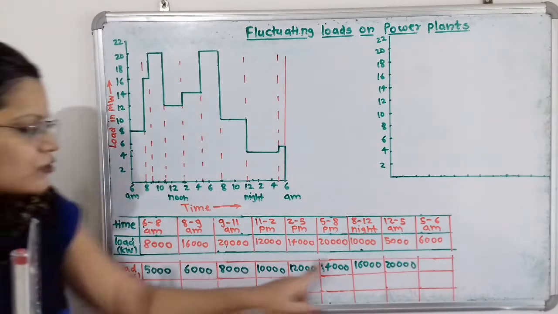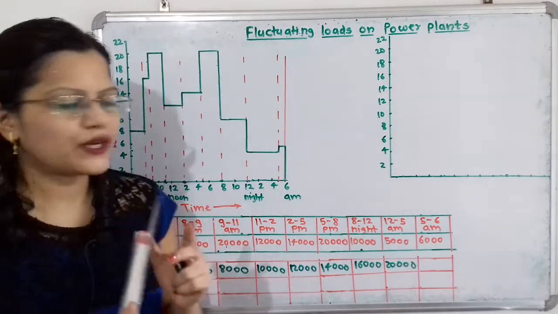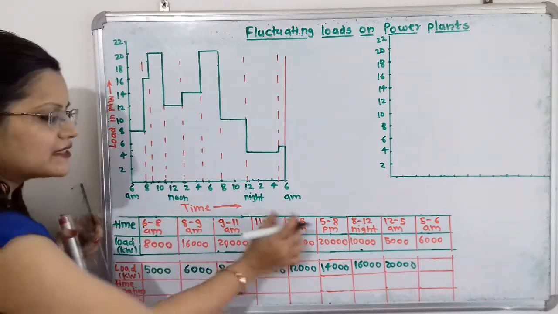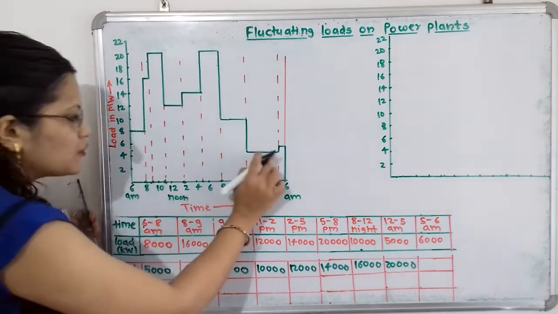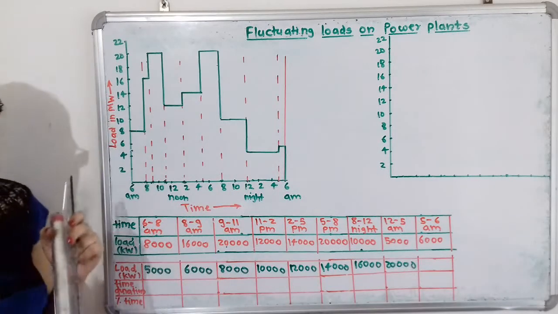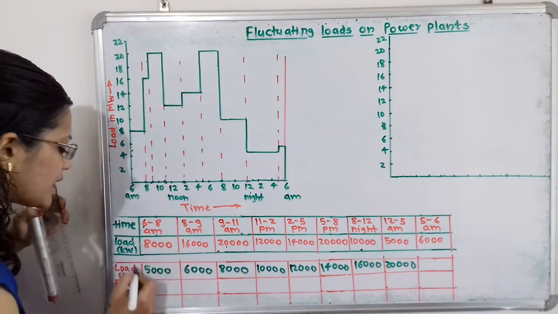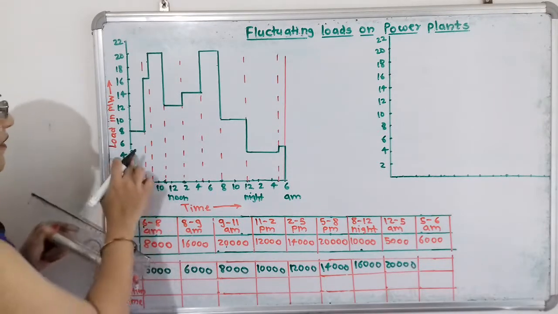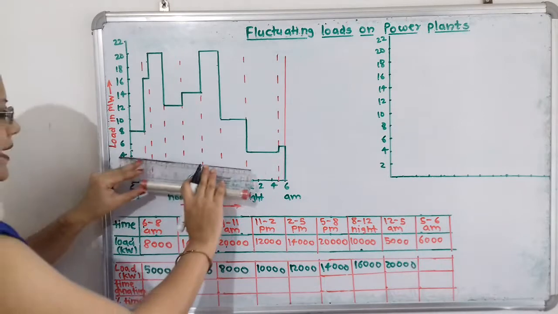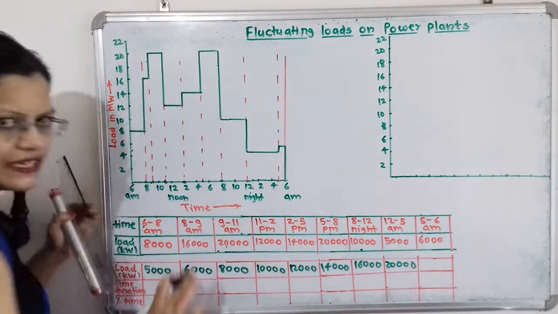So for these loads we have to select the time duration, because here a particular time is given, but now we have to take what is the time duration. So how to take this time duration? Now if we observe, the minimum load is 5000 kilowatt, that means 5 megawatt. For this 5 megawatt, from this load curve only we have to write this data.